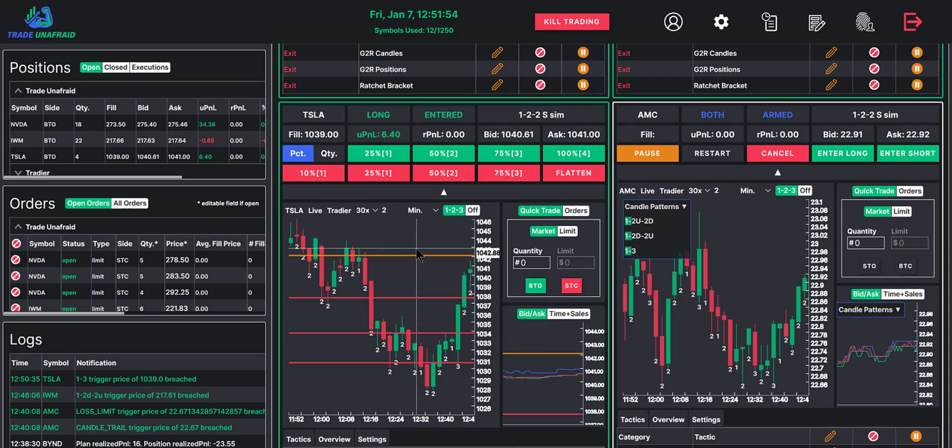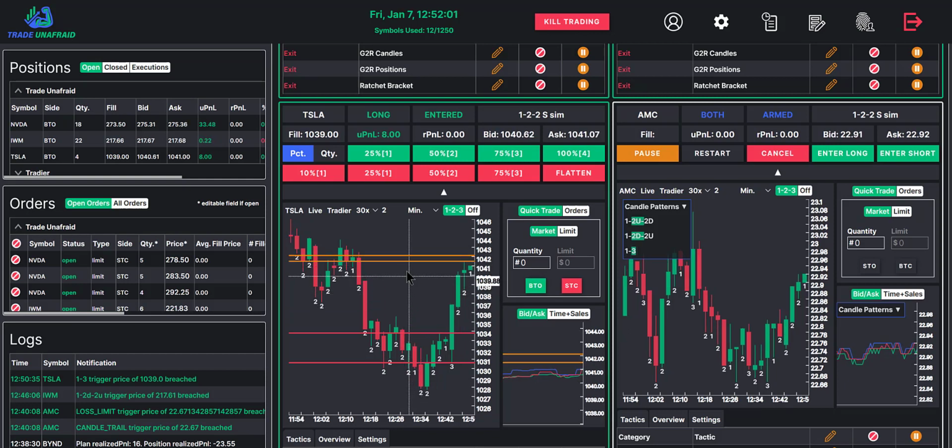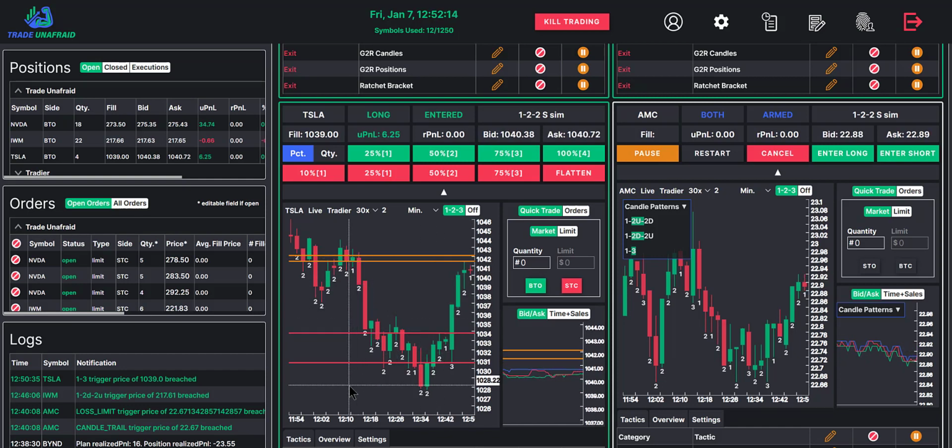So there's Tesla. Once it reaches here, that's the MFE retracement threshold. And then there's the green to red candle retracement. So if it can get past one of these, then you'll see another stop come into play.